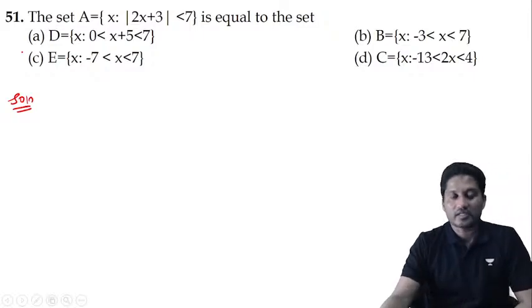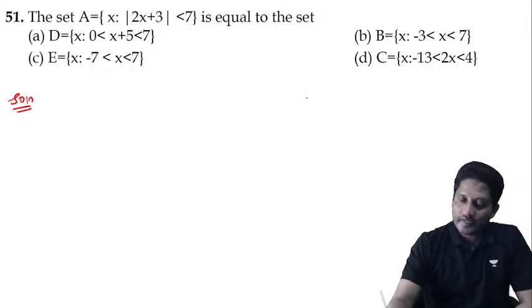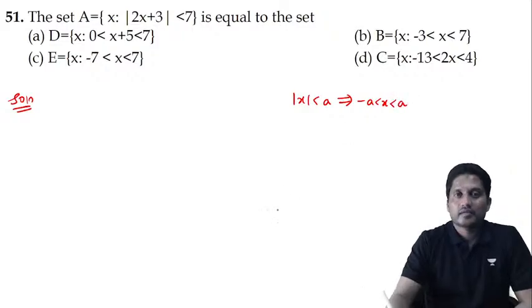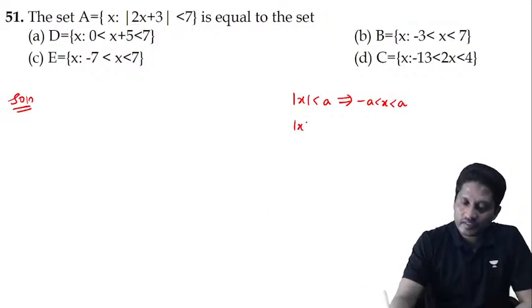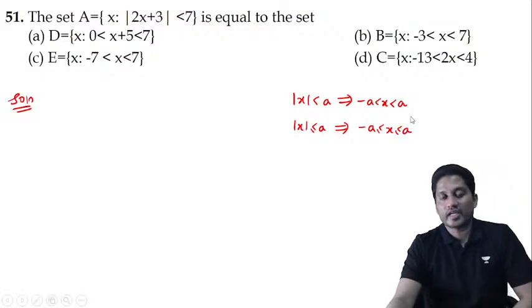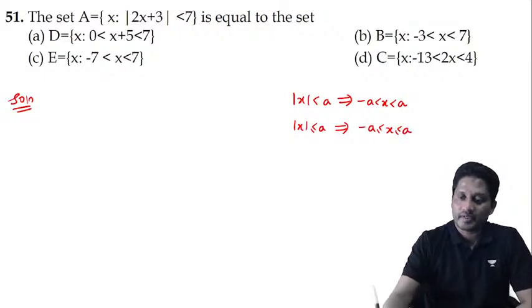Okay, now there are some properties of mod. Whenever mod x is less than a, then x lies between minus a and plus a. Linear inequalities. If modulus of x is less than or equal to a, then x lies between minus a and plus a. These similar problems are repeated in the 2018 paper, 19 paper, 20 paper.